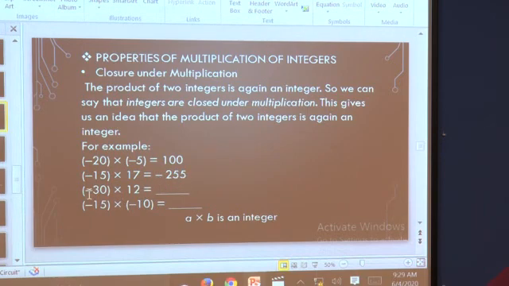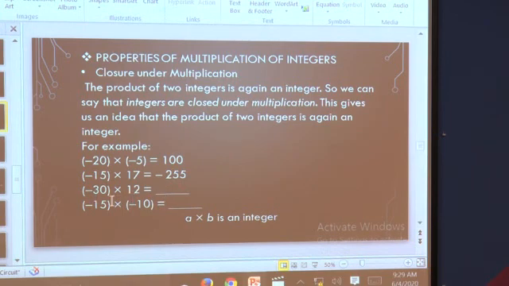Here is a similar example I had given to you: minus 30 multiplied by 12. What will be the answer? Anyone? Okay, you can take your time and give me the answer. First, what we have to do? We have to multiply 12 by 3. 12 threes are, you know very well, 36.